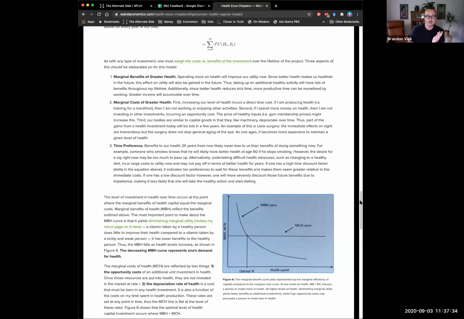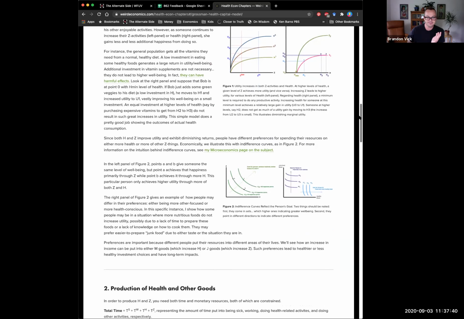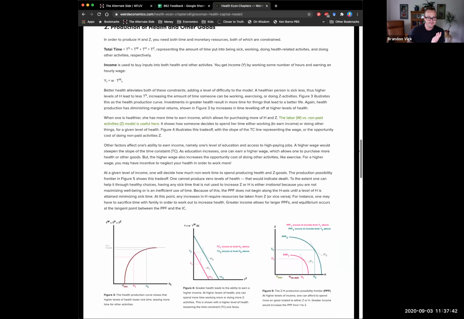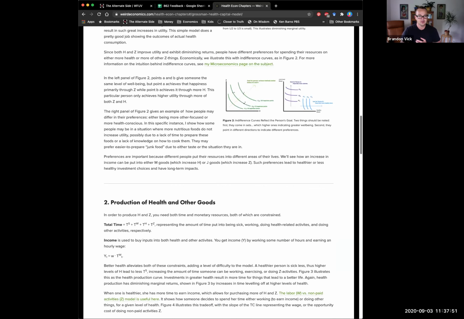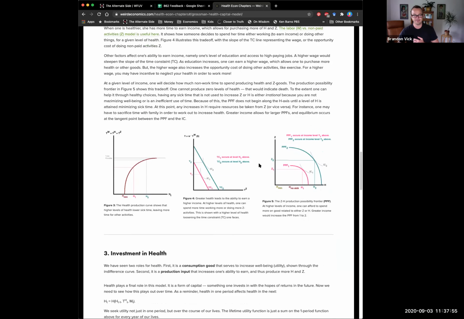So I want to go back to our model. Let's say the price of a healthcare good is going down. Well, let's start from production.